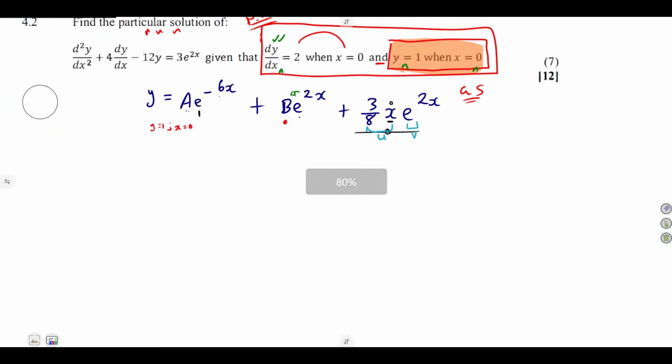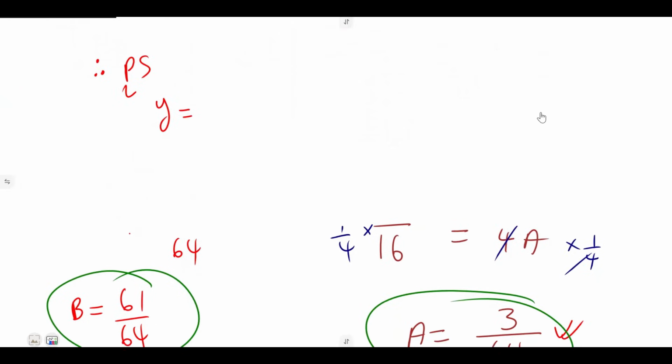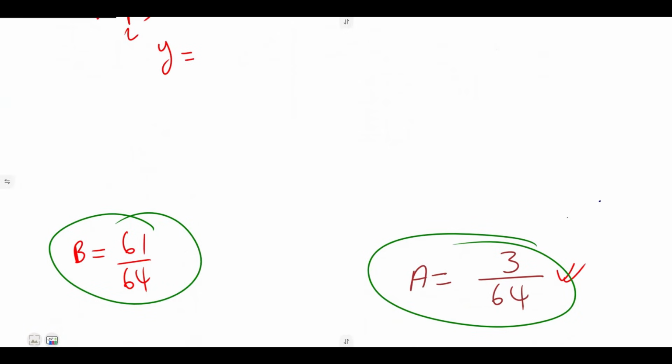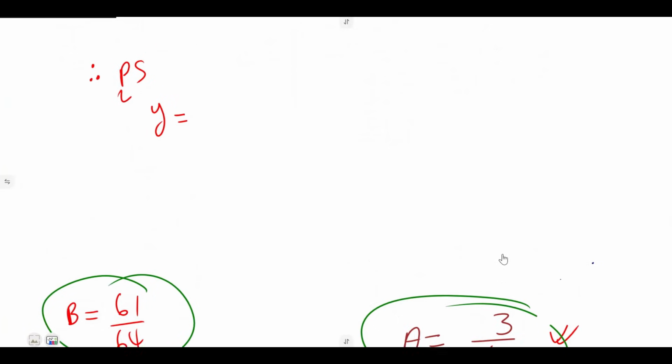So as our final answer, you're going to substitute. So therefore, our particular solution is going to be given as y is equal to, in place of a, you substitute the a that you calculated here, which we said is 3 over 64.